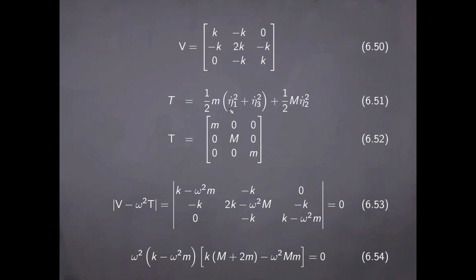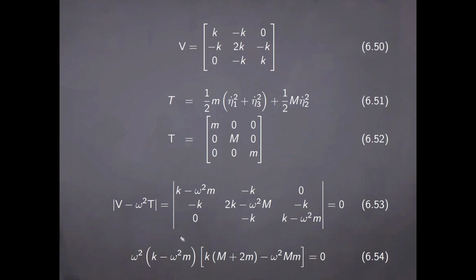Similarly, in these coordinates, the kinetic energy has a simple expression to which there corresponds the matrix here, and having them we can write the secular equation immediately in determinant form here, and if we expand it to obtain the algebraic equation, we see immediately that it factorizes straight away into this form.